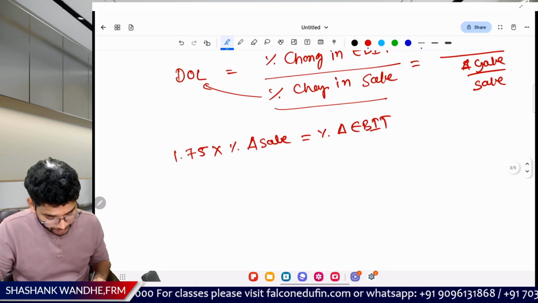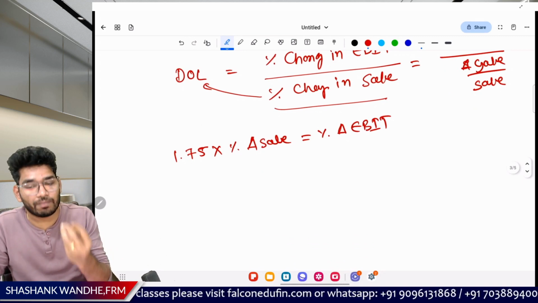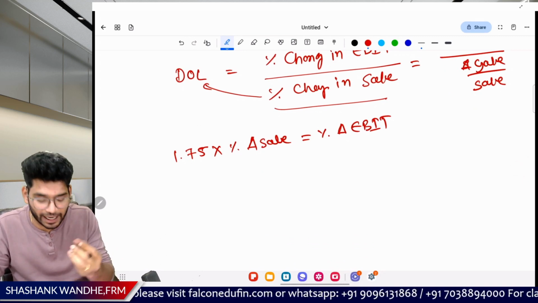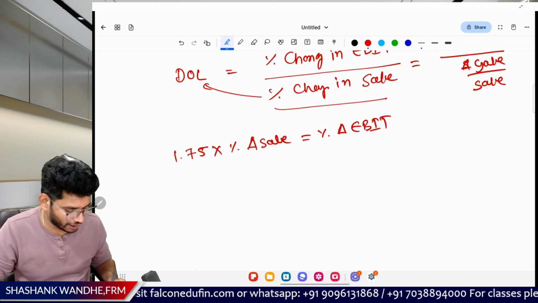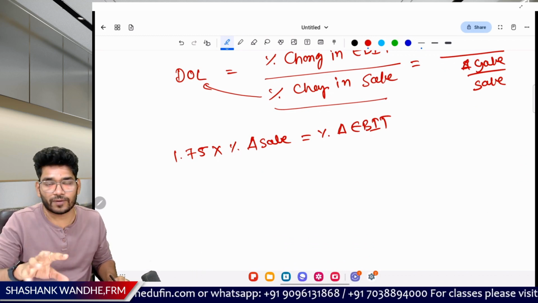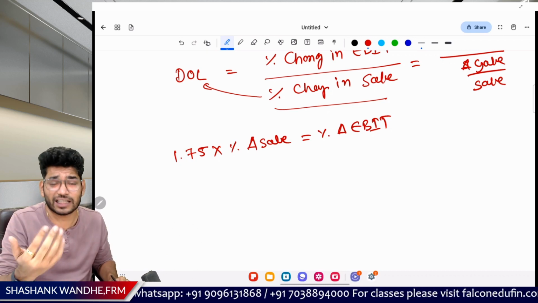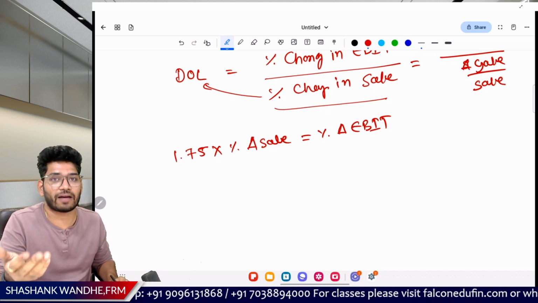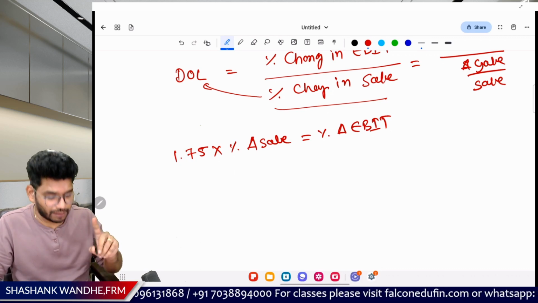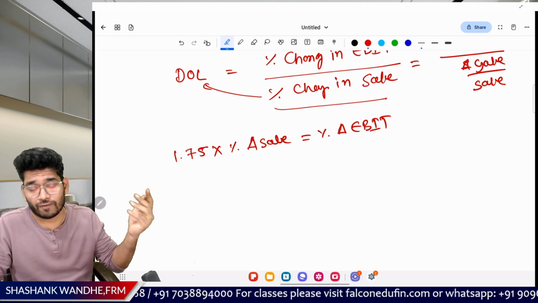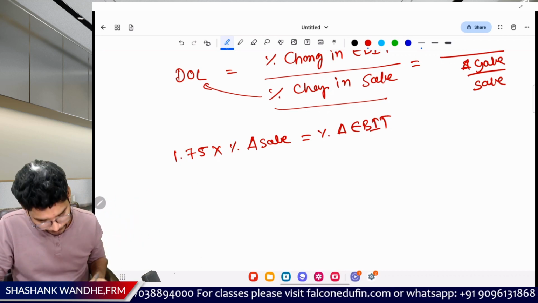So if the sale increases, now that's the important thing. If the sale increases by 5%, if I provide you the information, or in exam you are provided with the information that the percentage change in sale is 5%, simply the sale increased by 5%. What will be the percentage increase, obviously, in EBIT?